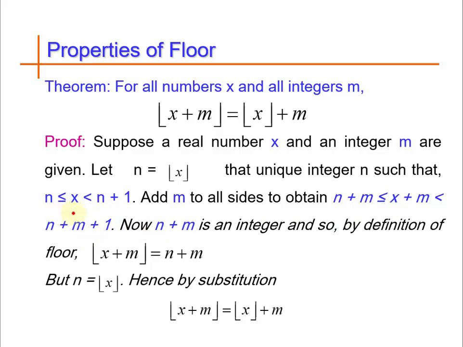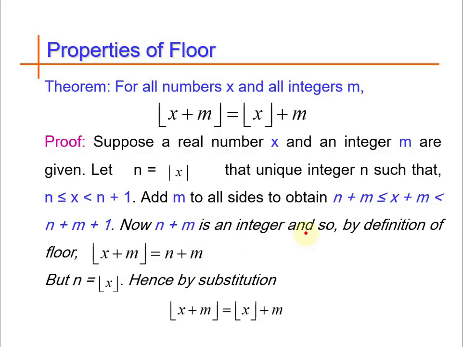And now in this inequality we have added m in each entry. So now the inequality remains the same. Adding it does not affect the inequality. Now n plus m is an integer, and so by the definition of floor, the floor of x plus m is equal to n plus m.